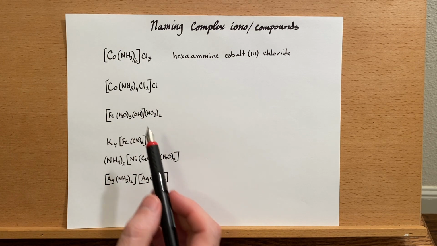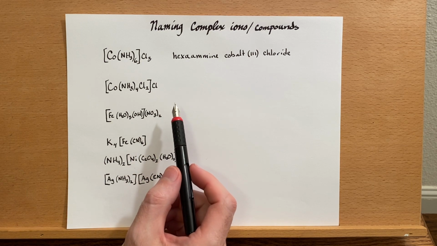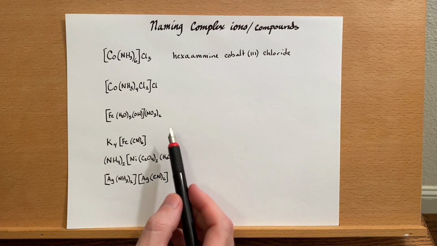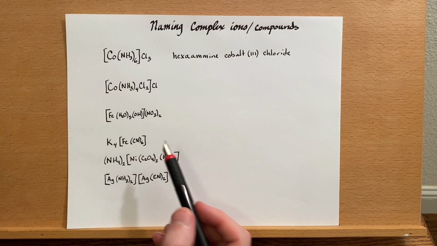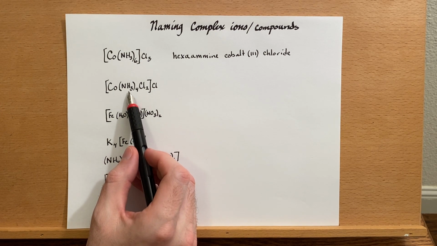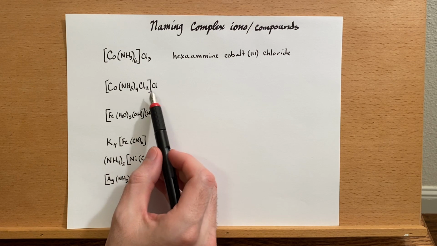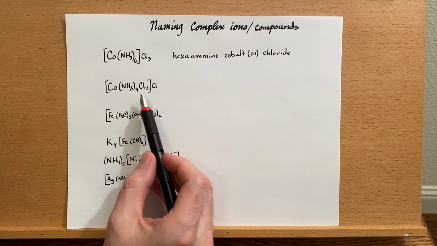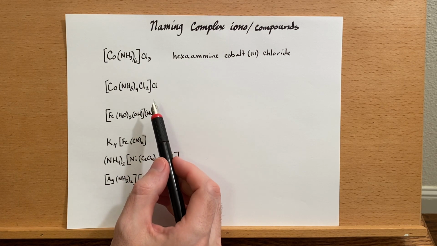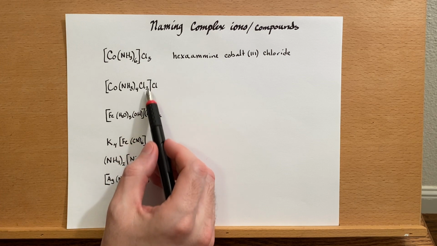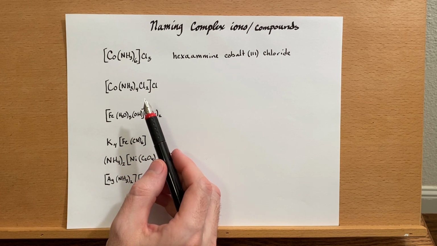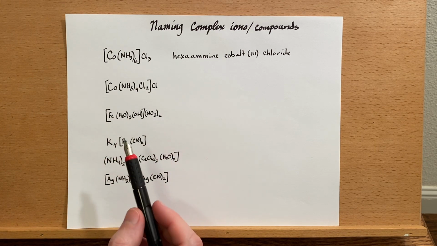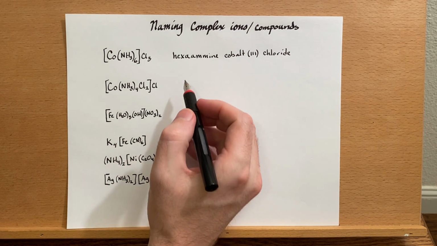Well, I try to make it go in that way, but sometimes I might get it out of order. They actually just go in alphabetical order. So, this is an amine, so that will go first, and this is chloro. It's not chloride, chloro. When a ligand has a negative charge, it ends in an O when it's bound to a metal like this. So just keep that in mind.